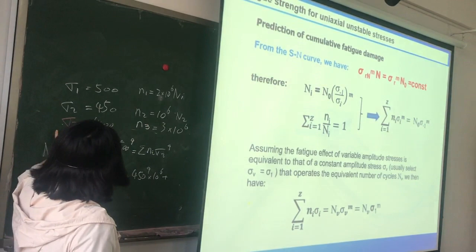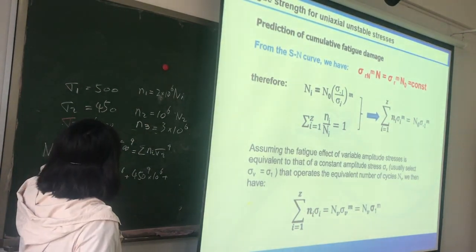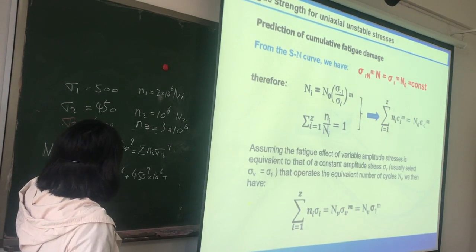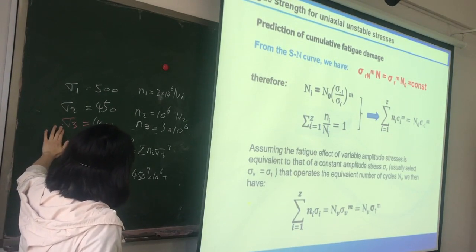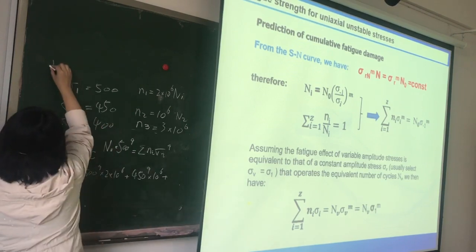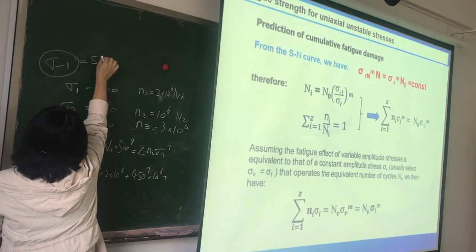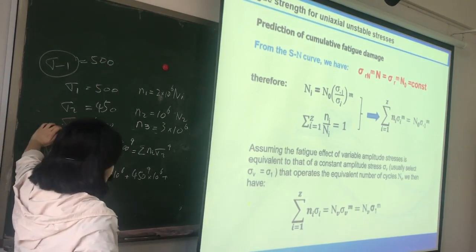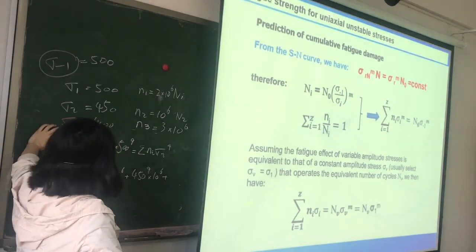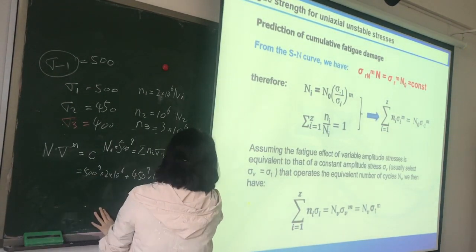Sigma 3, 400 megapascal, is lower than sigma minus 1, so it can be neglected.